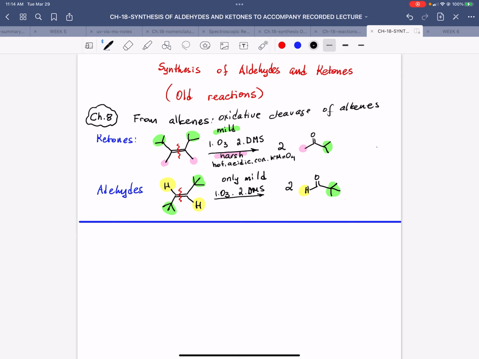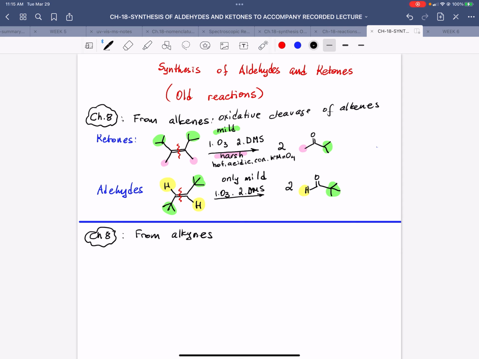The next chapter in which we saw the synthesis of ketones and aldehydes was chapter 8, and that is from alkynes. Okay? And in this case, again, we have to be very careful with the compounds that we will be making.